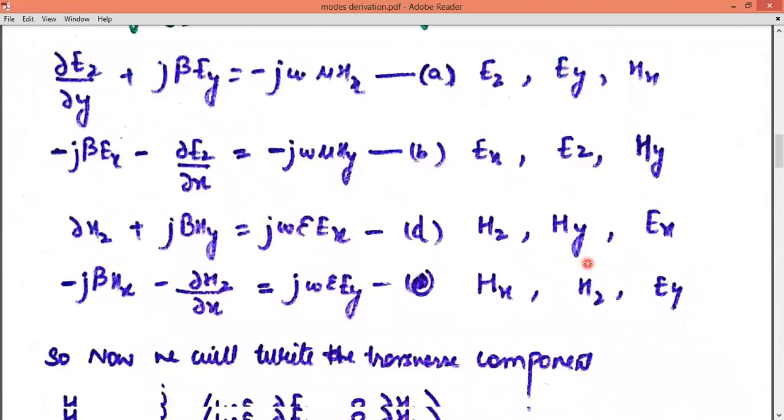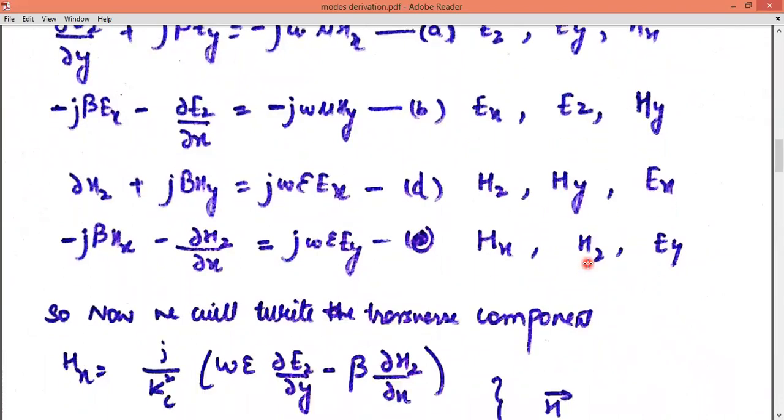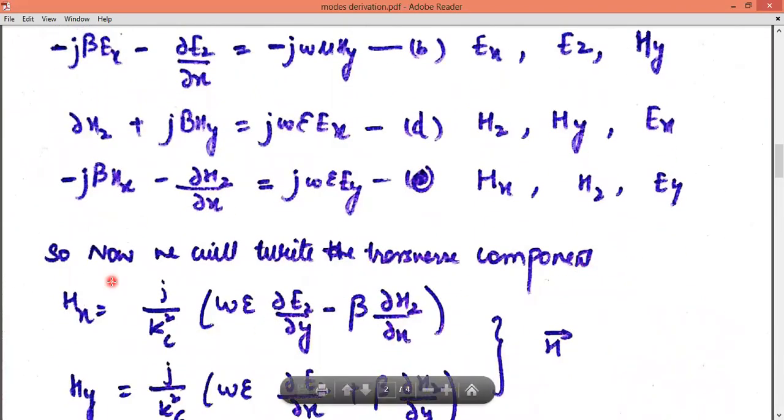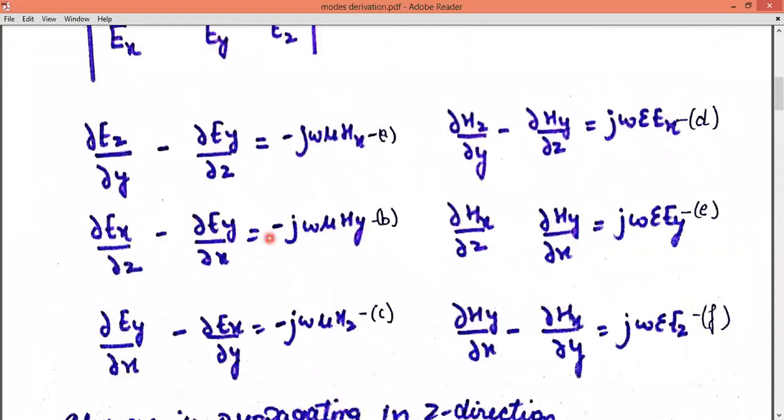So now we will write the transverse component like Hx, as we have already done above. We have to check these equations.